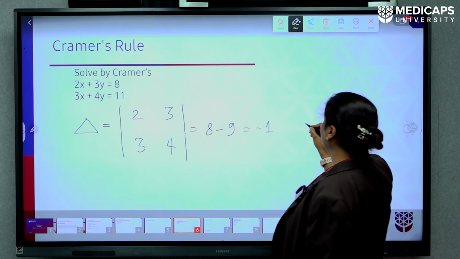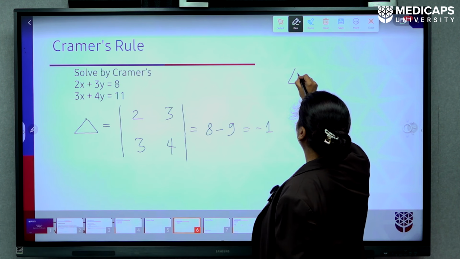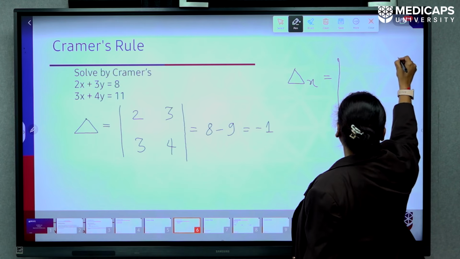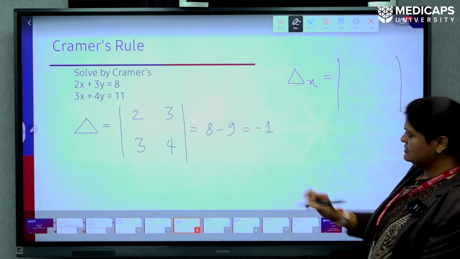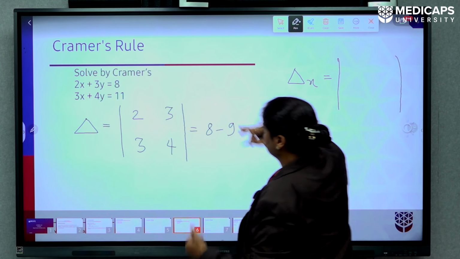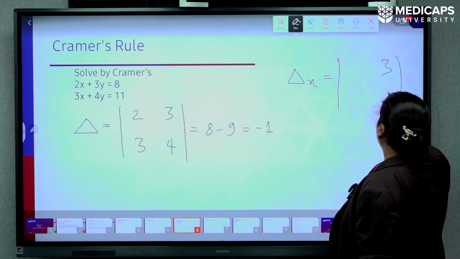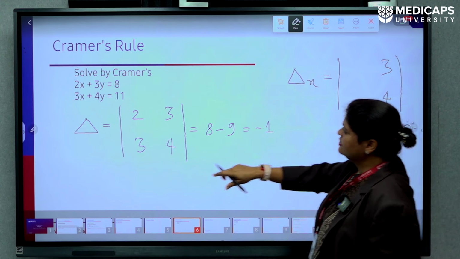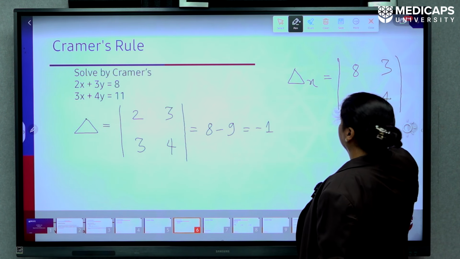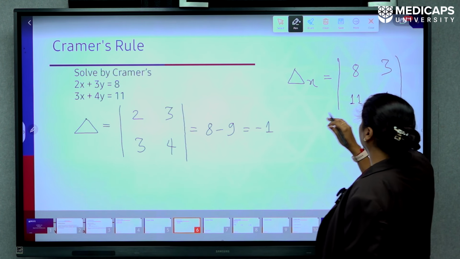Now next, what do we have to calculate? We have to calculate del x and del y. So for del x, first write down the coefficient matrix, with the coefficients 3 and 4. As we have x, instead of its column we will write the constants 8 and 11. This is del x.